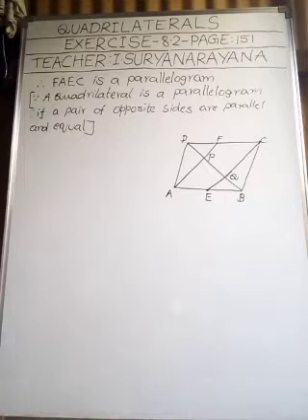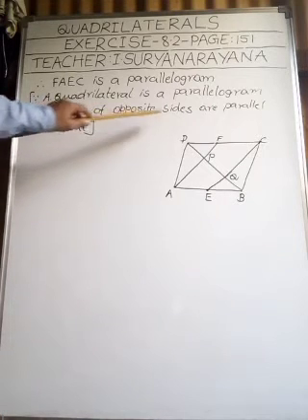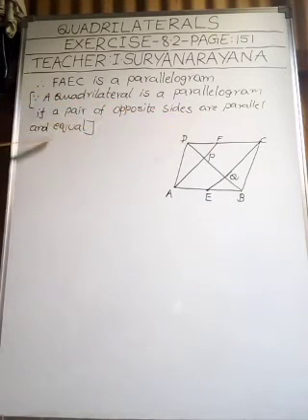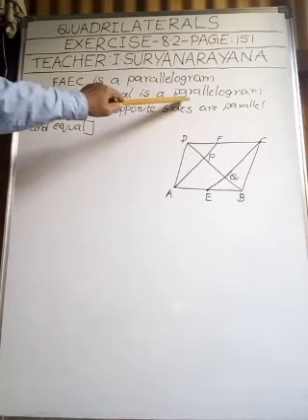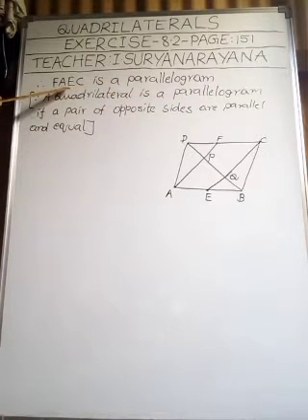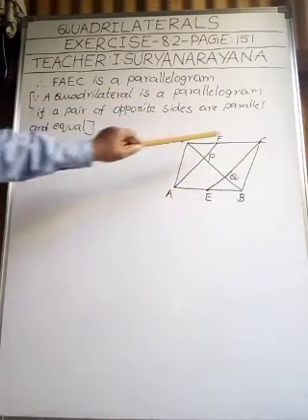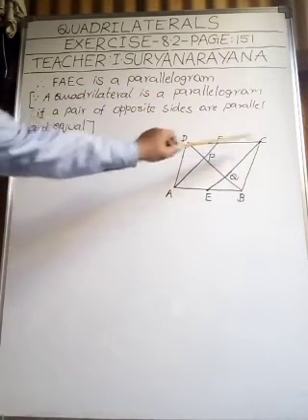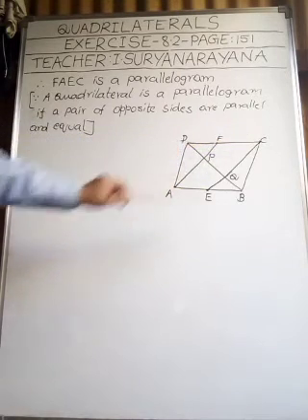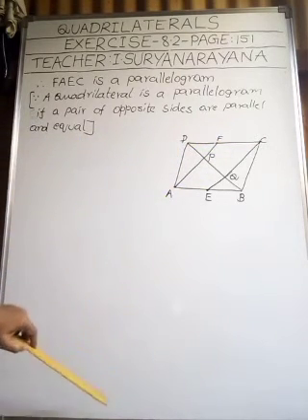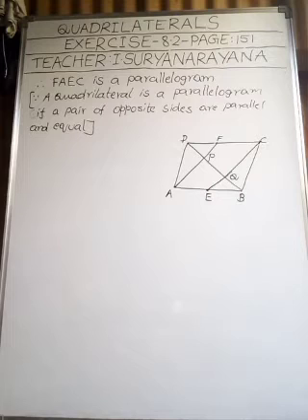So, in a quadrilateral, if a pair of opposite sides are parallel and equal, then the quadrilateral is said to be a parallelogram. That is why we wrote FAEC is a parallelogram, because in this quadrilateral, AE is parallel to FC and AE is equal to FC. We wrote these in the previous steps. Okay, my children, understood?